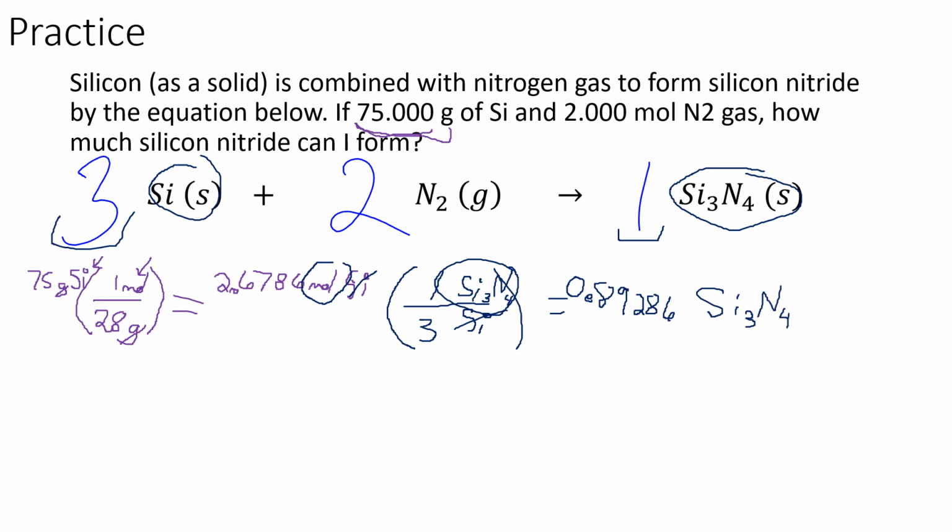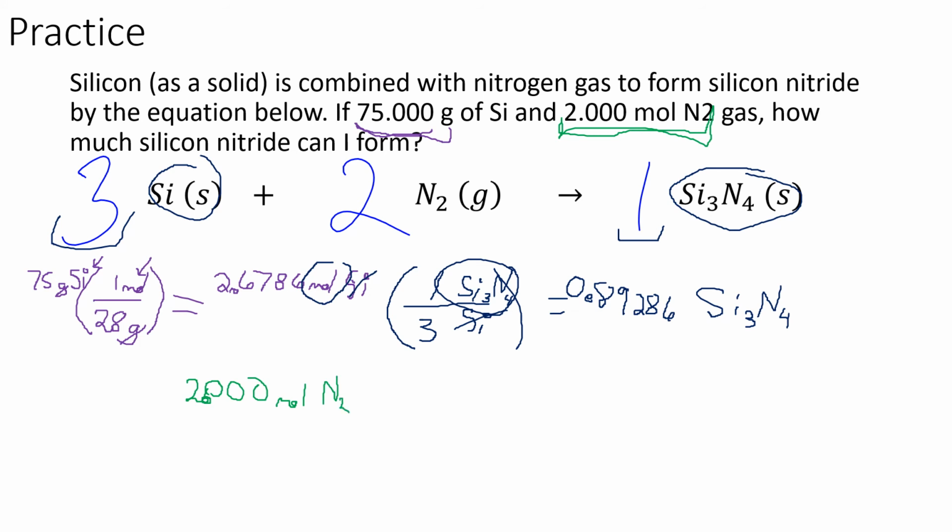Okay, so I've calculated the moles of silicon nitride. However, we don't know if it's the right one yet, so we have to go do the other one also. This one's a little easier because it starts as moles. We would have to get it into moles if it weren't, but this one starts as moles, so we can just skip step 1 and say 2.000, should be a decimal here, moles of N2.